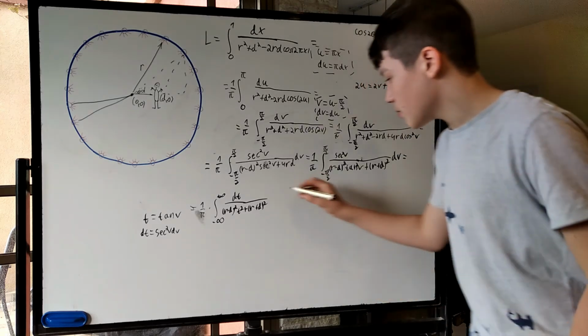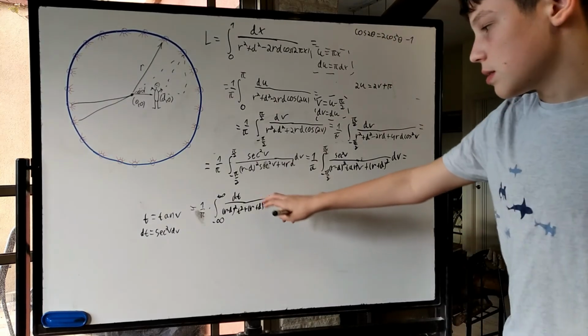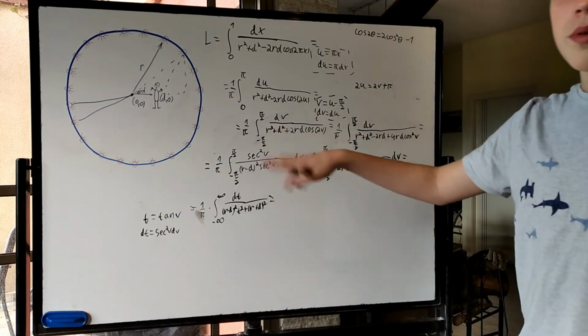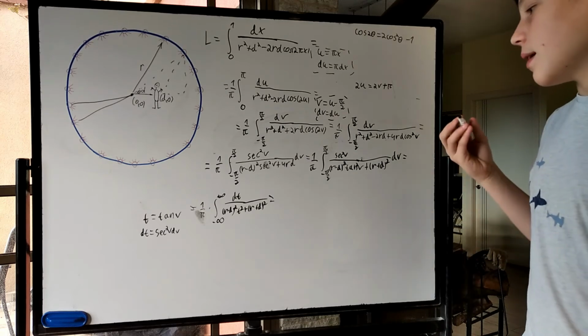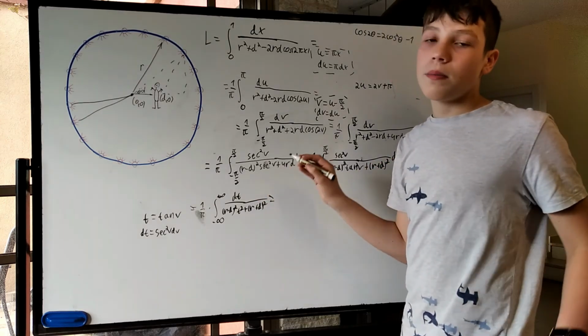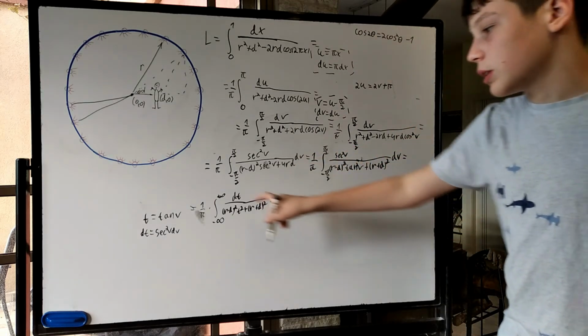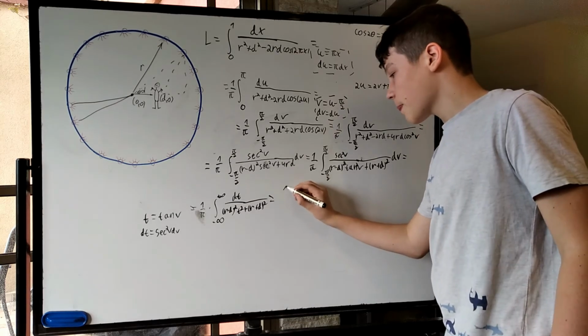So what I will do is divide the numerator and denominator by r plus d squared. And then on the top, I'll get 1 over r plus d squared, which I'll take out of the integral.